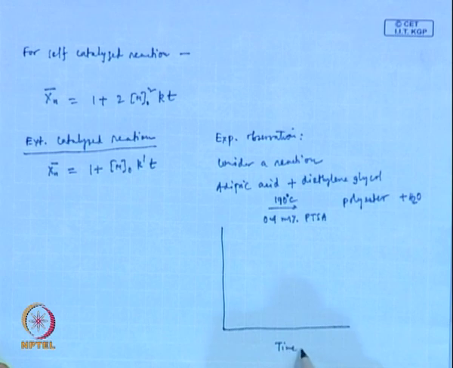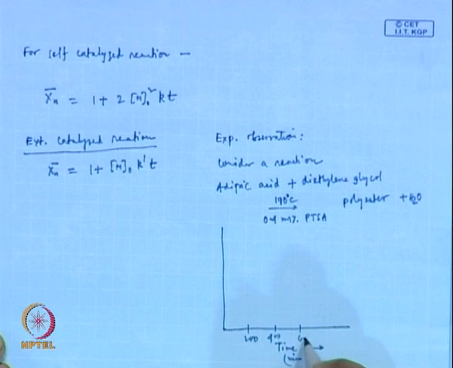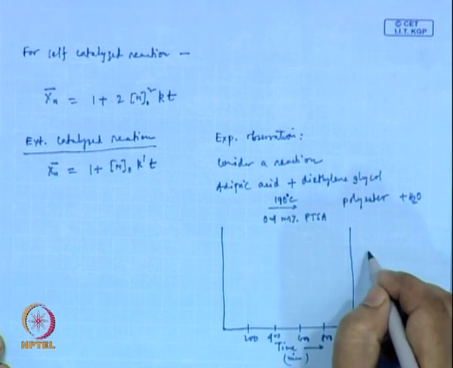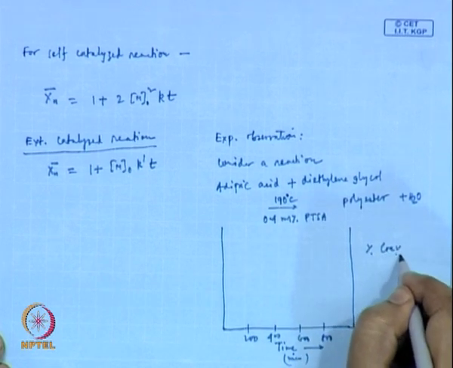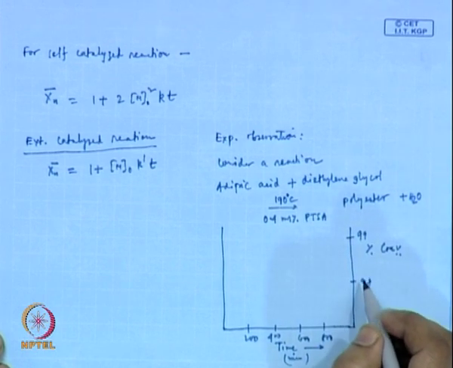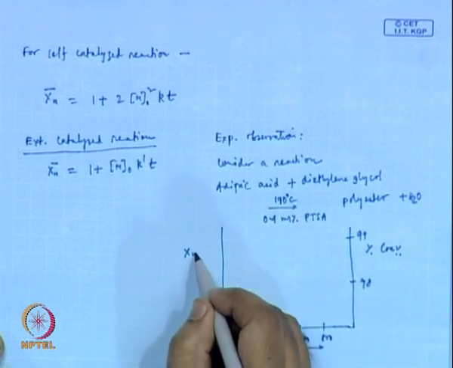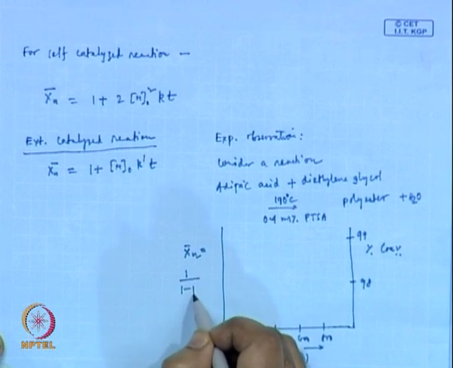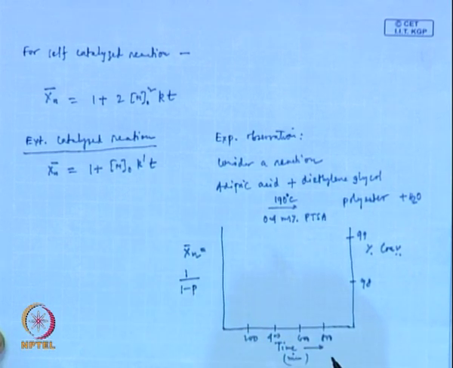On this axis we have time, say in minutes, 200, 400, 600, 800 and so on, and on this axis we have percentage conversion. This is 99, this is somewhere 98, and on this side we have Xn bar, which equals 1 by (1 minus P).